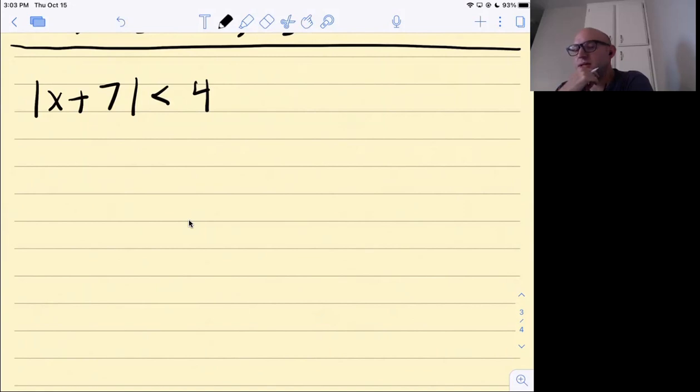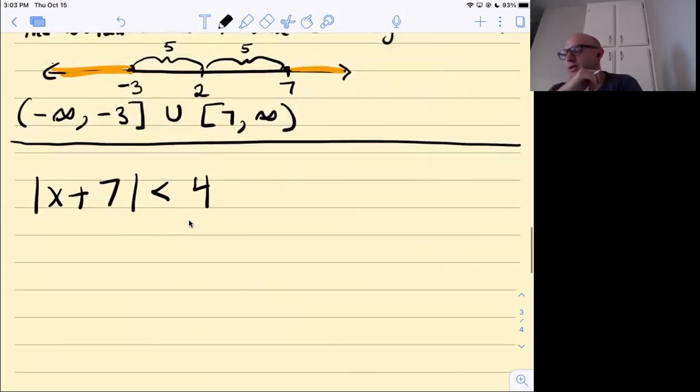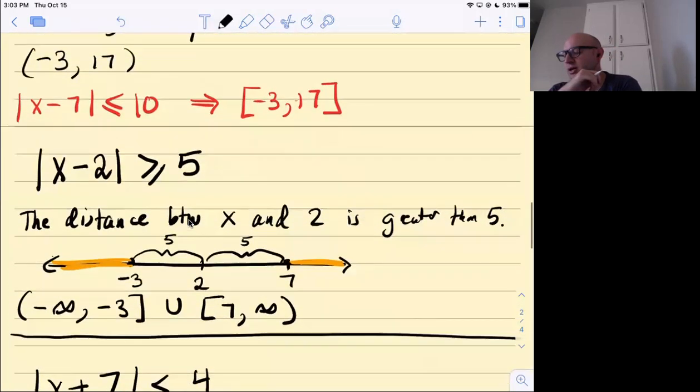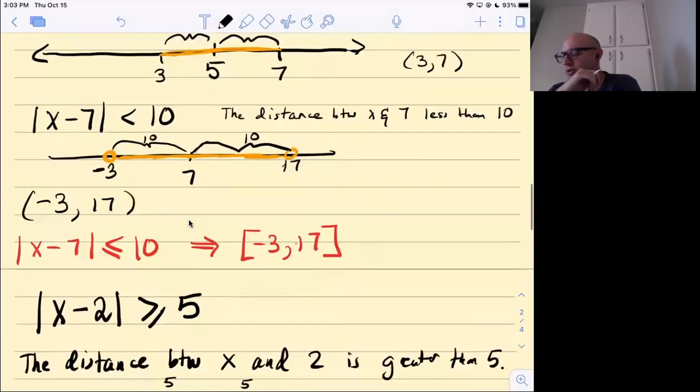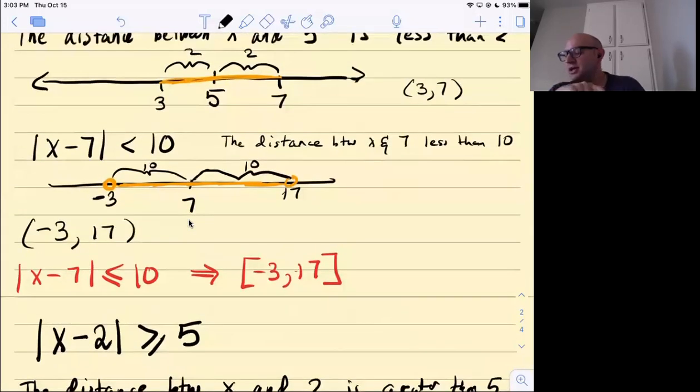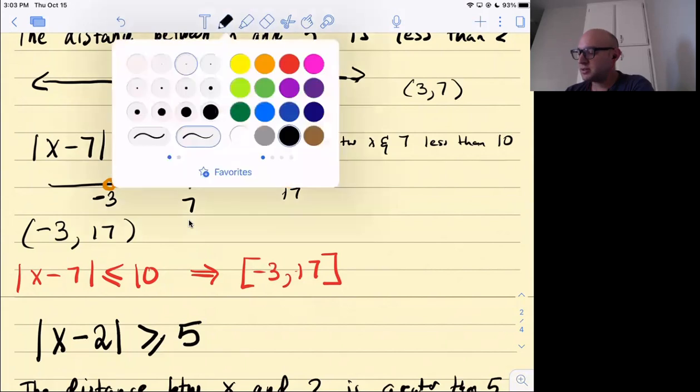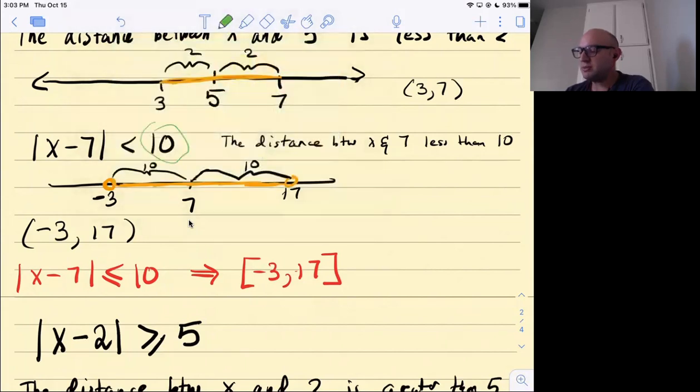Not exactly. So one thing with these questions, by the way, and I should mention this, if I told you the distance is less than -3, well, that's impossible, right? If instead here I wrote a negative number, it just wouldn't make any sense because distances always have to be positive.